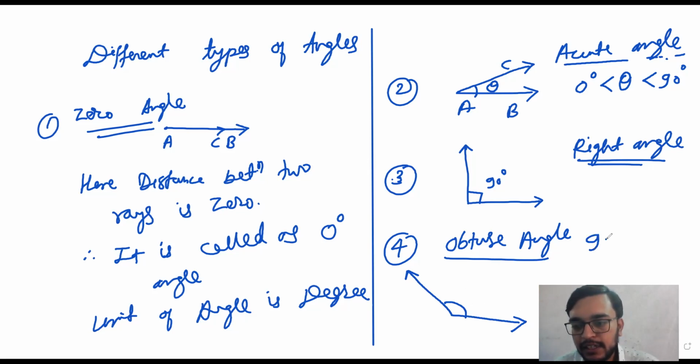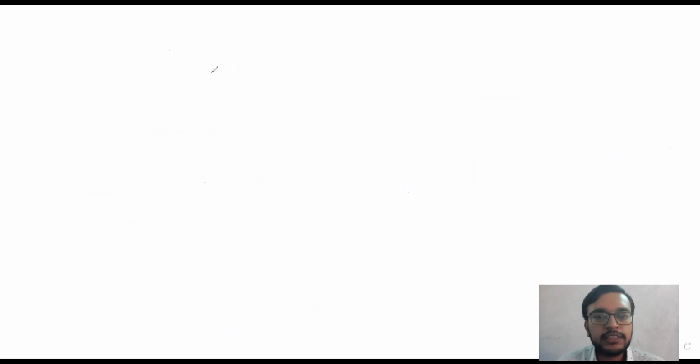Here the angle theta is greater than 90 degree and less than 180 degree. Okay, next one is straight angle. A straight angle means an angle having a measurement of 180 degree.